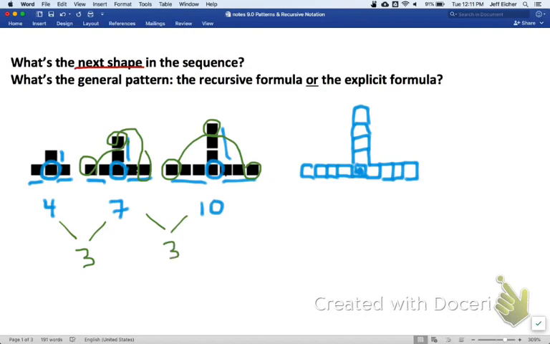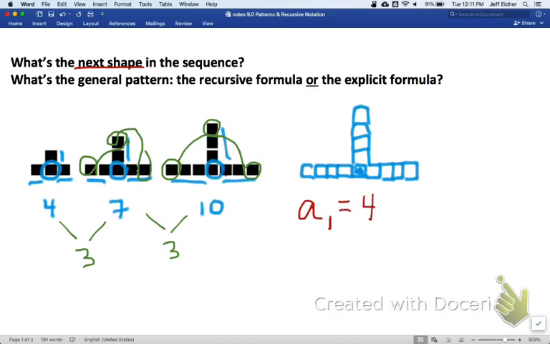So for a recursive function, how would we write that? We're starting a recursive function for the total number of blocks in the pattern. With the recursive function, you might remember we always have to start with how many we have. So our first term, we have 4 blocks.